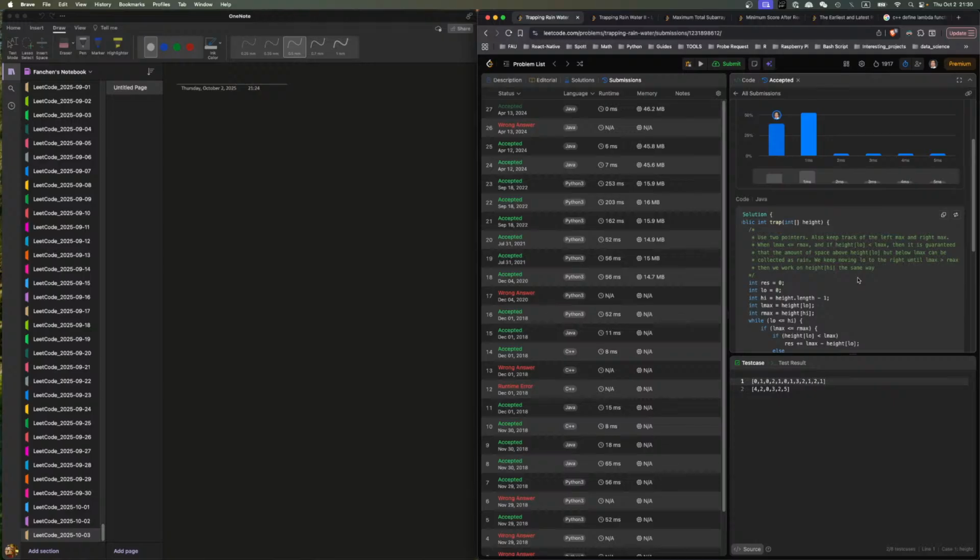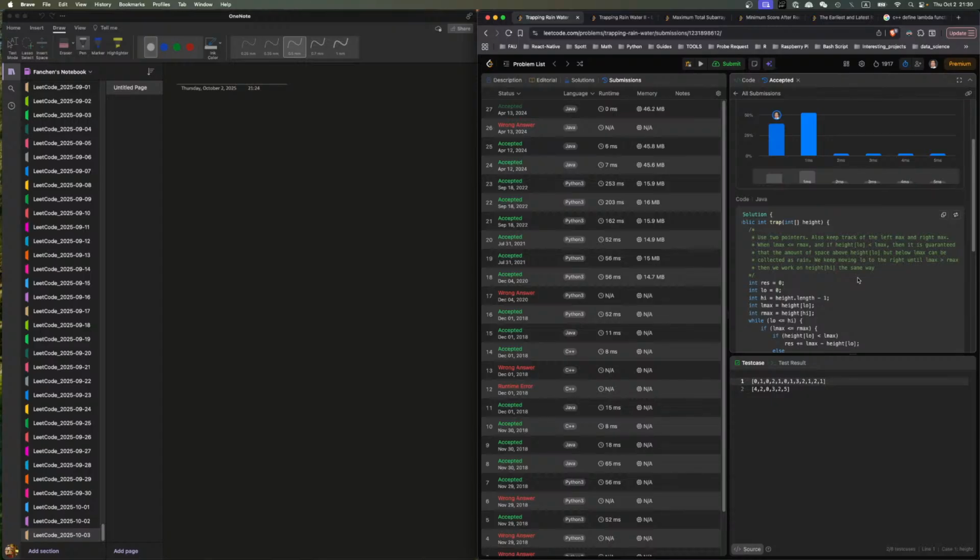So we go left to right, and we have a current, like one side is bigger than the other side, and then we will move the smaller side.